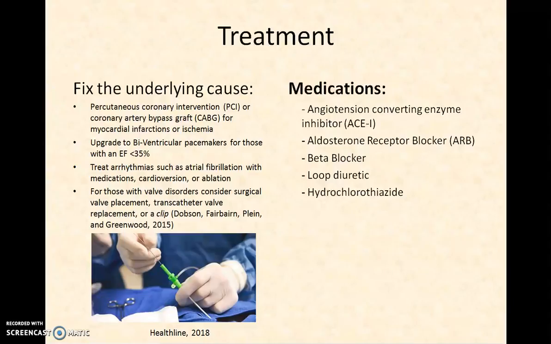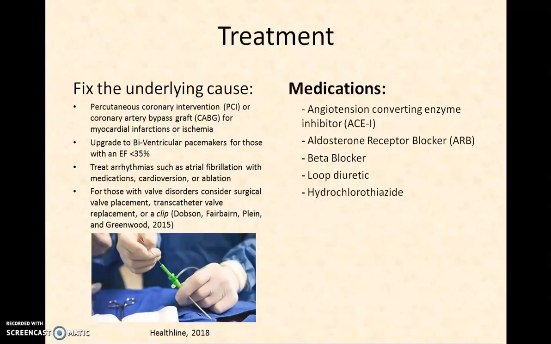Other things we could treat: if somebody has a valve disorder like we talked about earlier, if it's stenosed or they're having regurgitation, there's sometimes options such as a surgical valve replacement with a tissue valve or a mechanical valve, or most recently, they've come out with transcatheter valves.